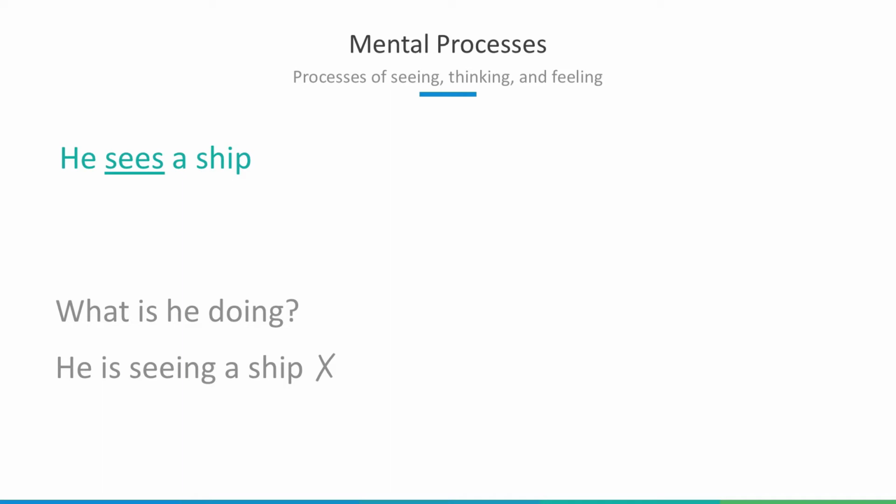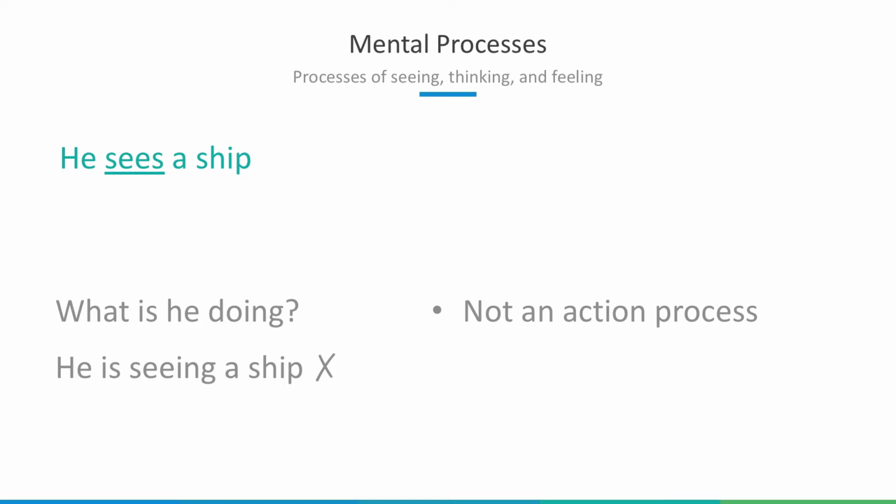Okay, because seeing is not an action, as I've said. Seeing doesn't really require any effort. It just kind of happens when you open your eyes. So, seeing is not an action process, it is an internal process of perception. So we can call it a mental process.